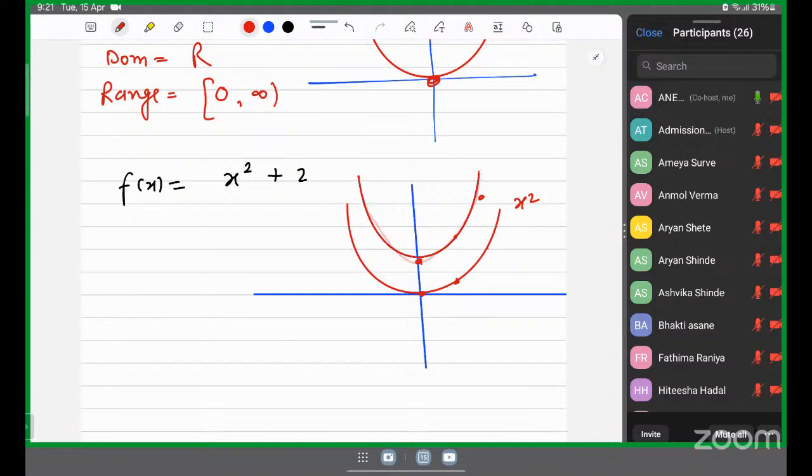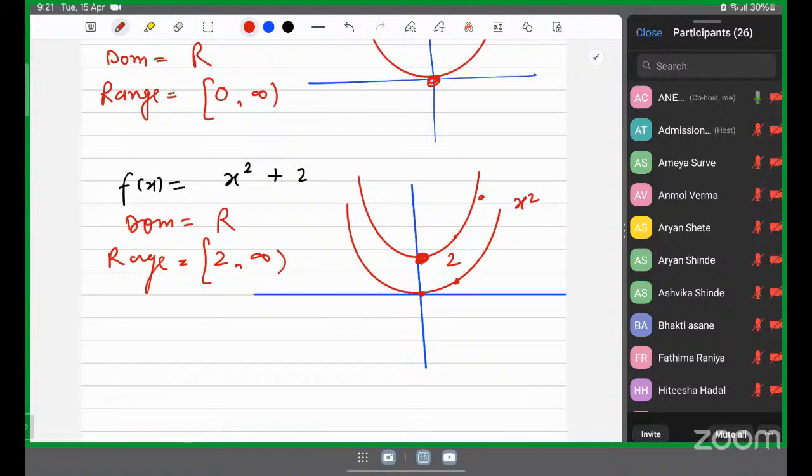So this time the graph will start from 2. Its domain is R, and its range is not going to start from 0 this time. It will start from 2 and go to infinity. Infinity is open, 2 is closed. At what value will it attain 2?